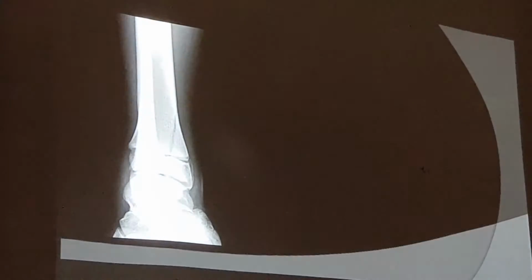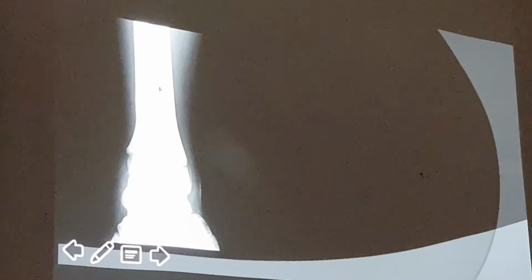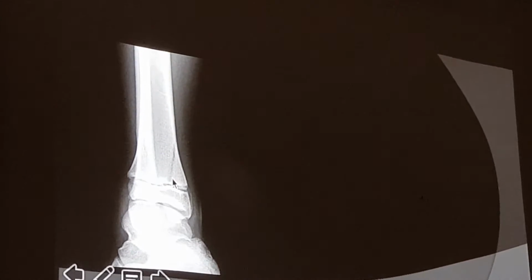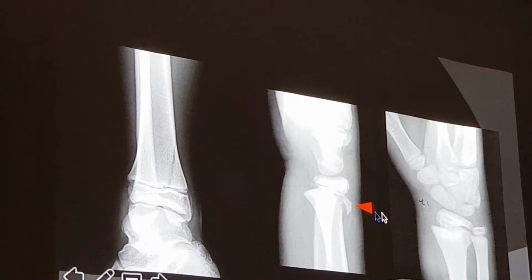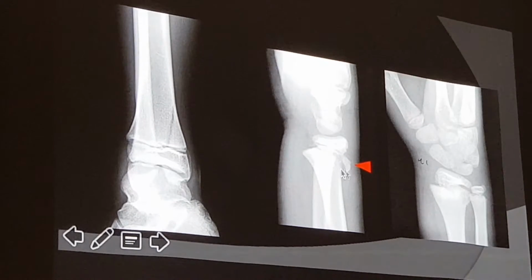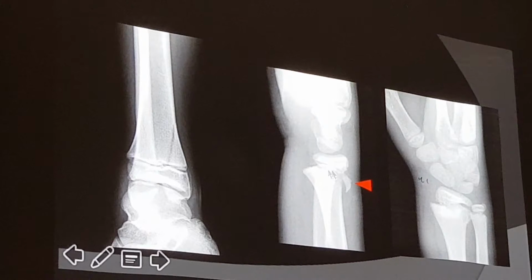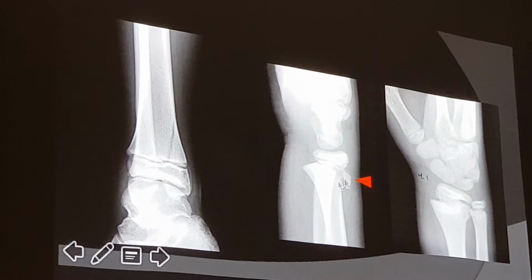So here, what type of fracture is this? It's type 2. You have a slip fracture, but you also have another fracture involving the metaphysis. Here, this is slip, and you also have a fracture segment here.